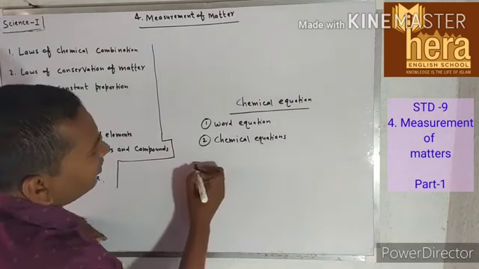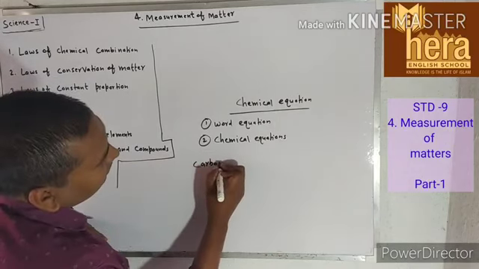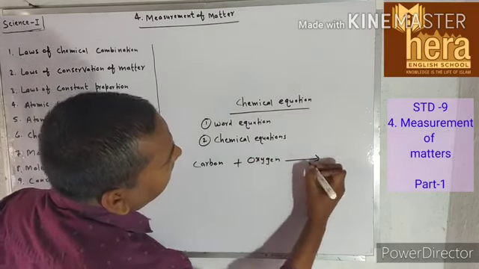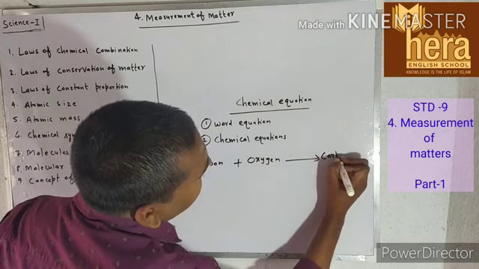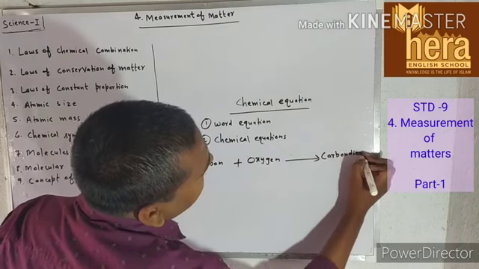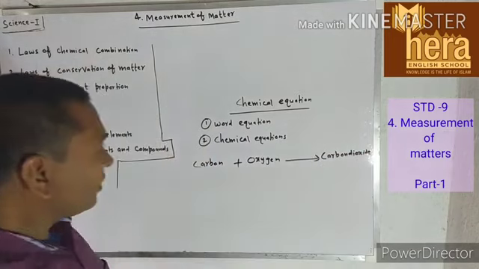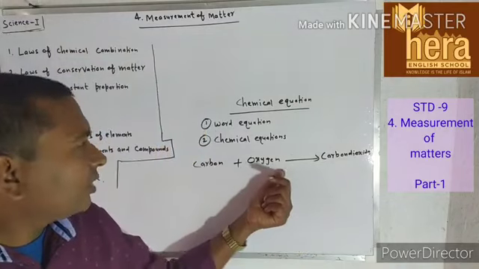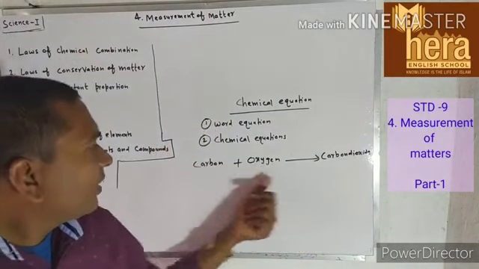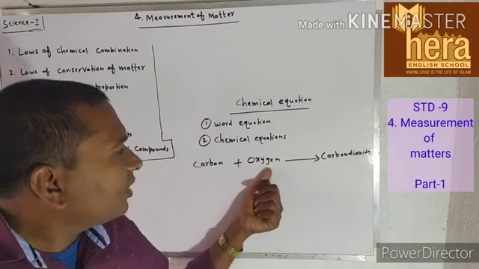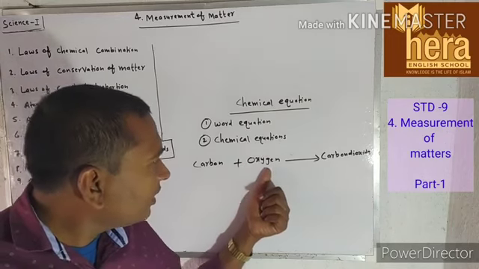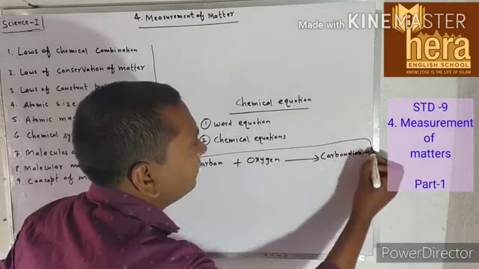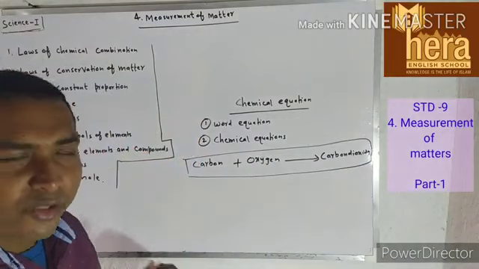You can write here carbon plus oxygen, it gives carbon dioxide. This is one type of chemical equation, but this is the word equation, since you have written it in words: when carbon reacts with oxygen, it forms carbon dioxide. So this is called word equation.